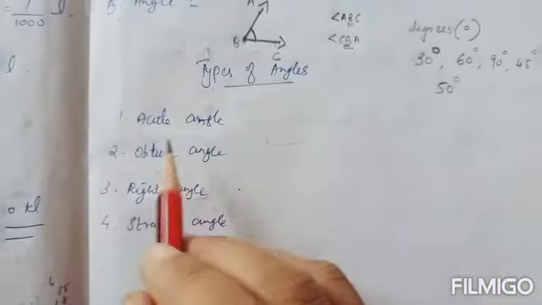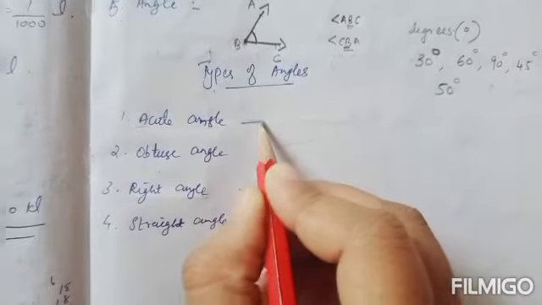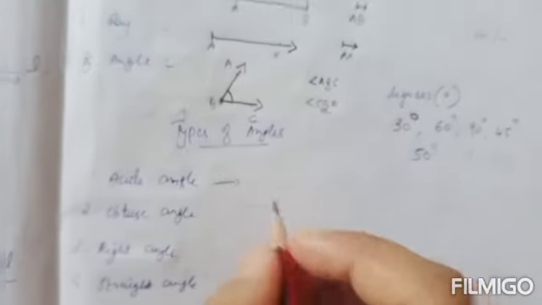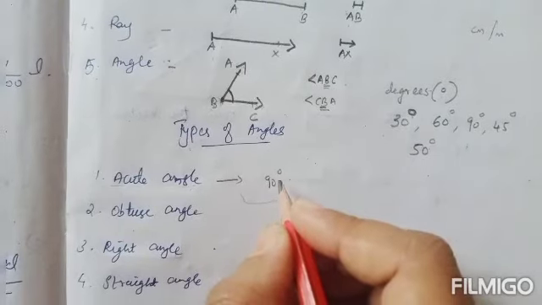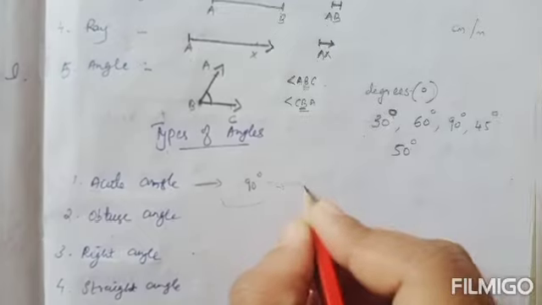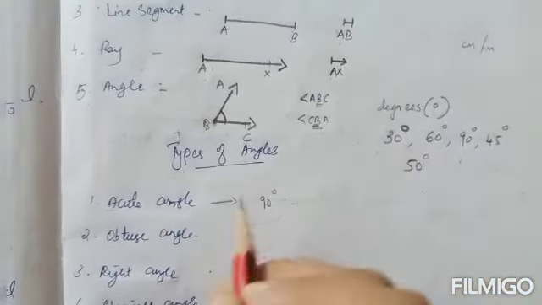Next are types of angles. First one, acute angle. Acute angles are the angles which are less than 90 degree. For example, we can take 30 degree, 60 degree, 45 degree, 50 degree, all are less than 90 degree.